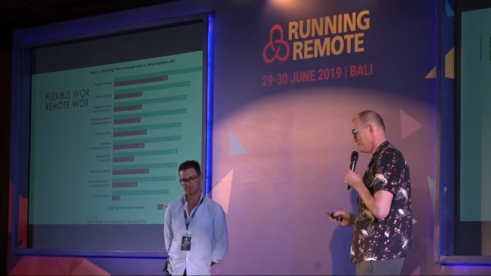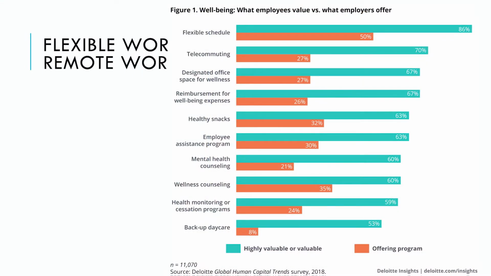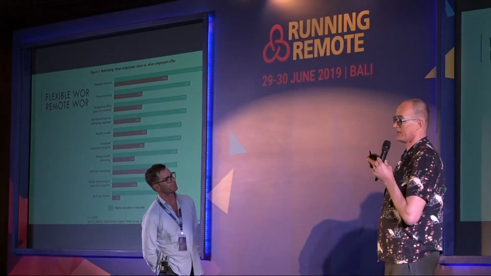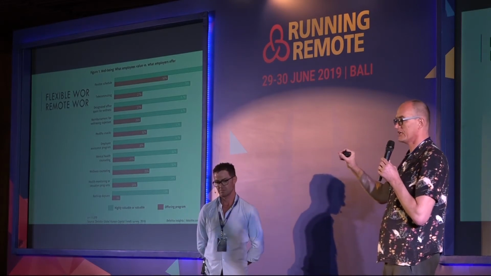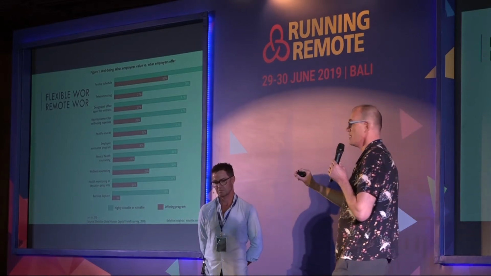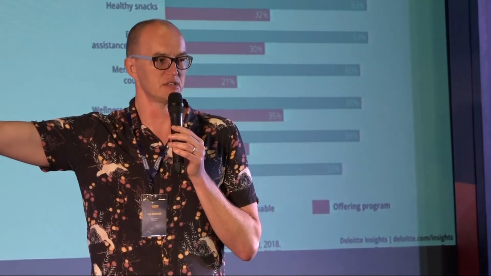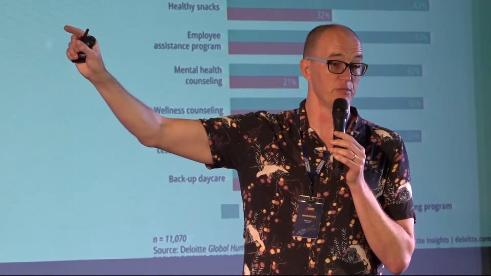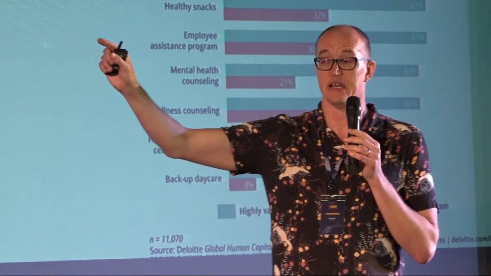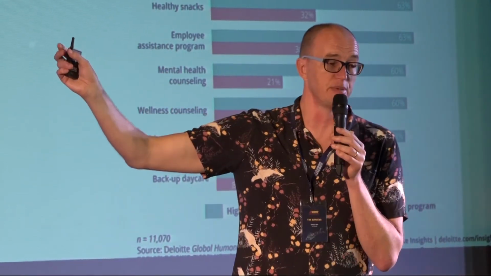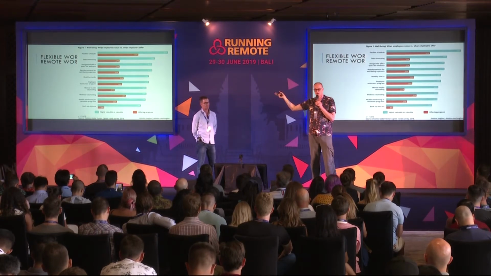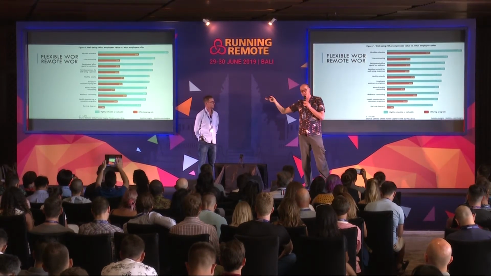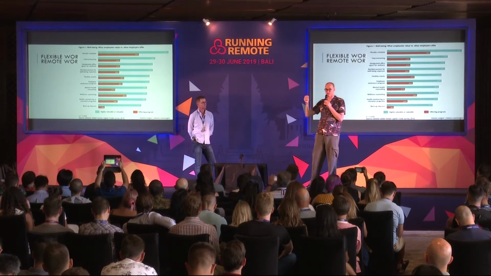Yeah, stay tuned for that. We've got a fair way to go. But one point I would make, particularly around flexibility, is study after study shows that teleworking is a popular benefit. Remote working is something that people want. But when you think about teleworking, that means people being able to work from home some of the time, right? 70% of people in this Deloitte study want to be able to telework. But 86% of people want flexible schedule.